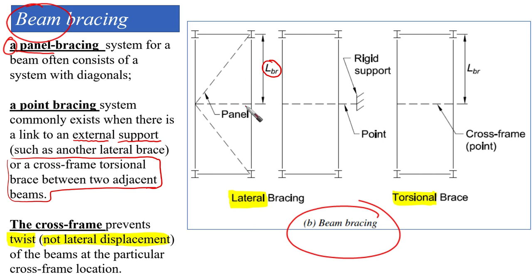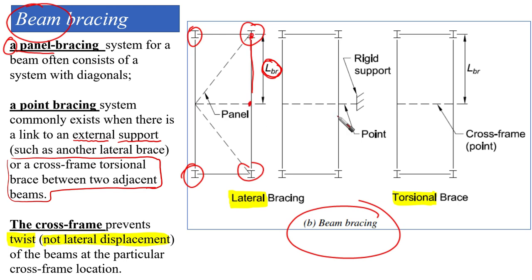The panel bracing is, as you can see here, where these are the beams and these are the columns that we have. This is the plan. So the panel is going to provide the lateral stability. Based on that, we're going to find LBR, the braced length, is going to be from here to here.